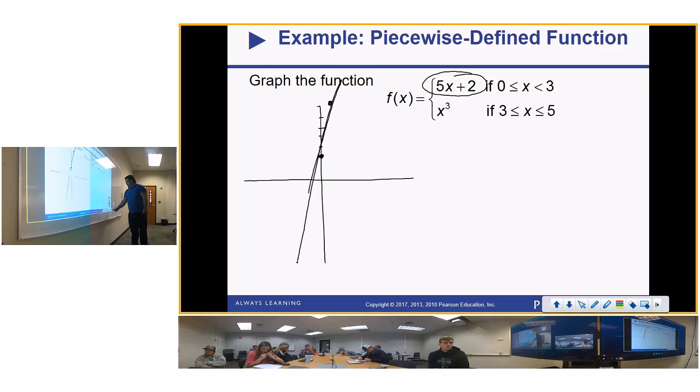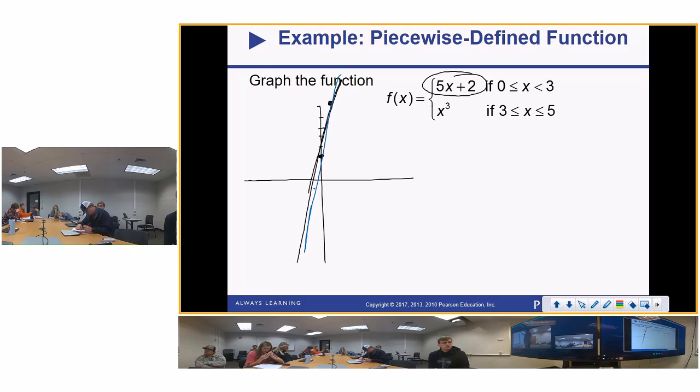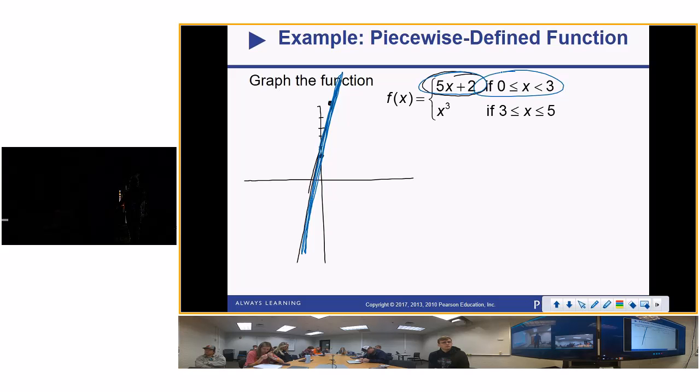I'm going to draw that line in blue. All right, so that one's in blue. Now, where is x? X is from 0 to what? 3.